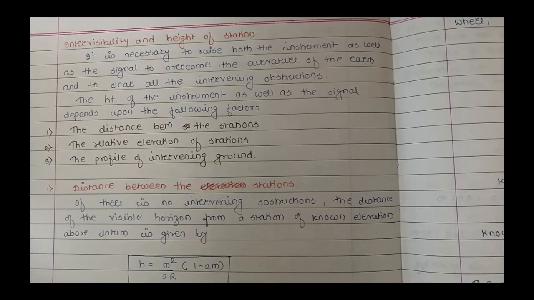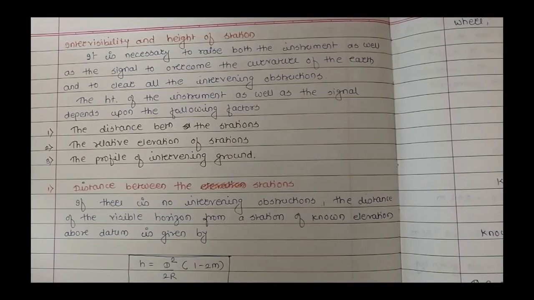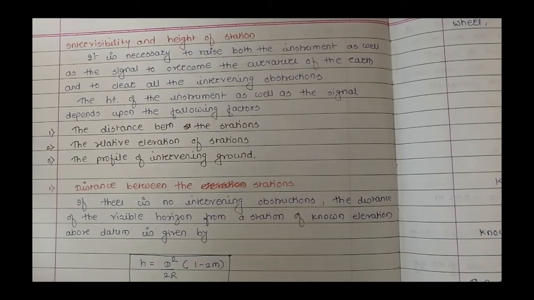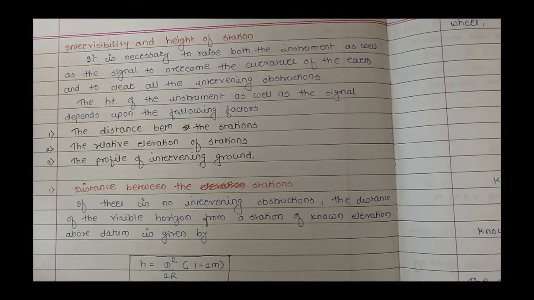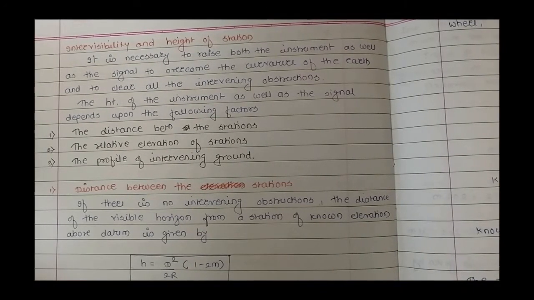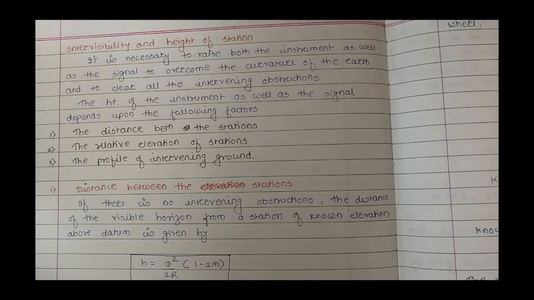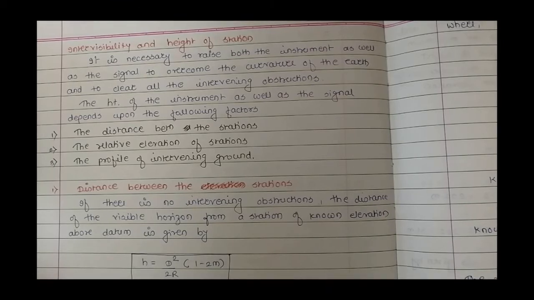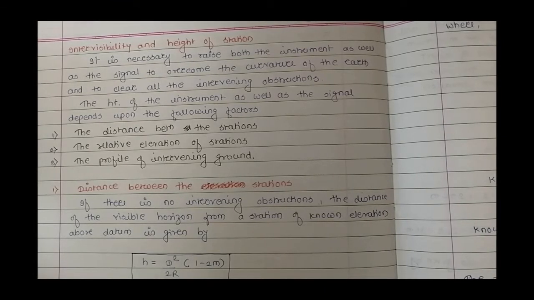Now when we provide height of station, or when we check the intervisibility, it depends upon some factors. First is the distance between the stations, as we have already discussed that the distances between the stations in triangulation survey are very long. Second, the relative elevations of the stations.